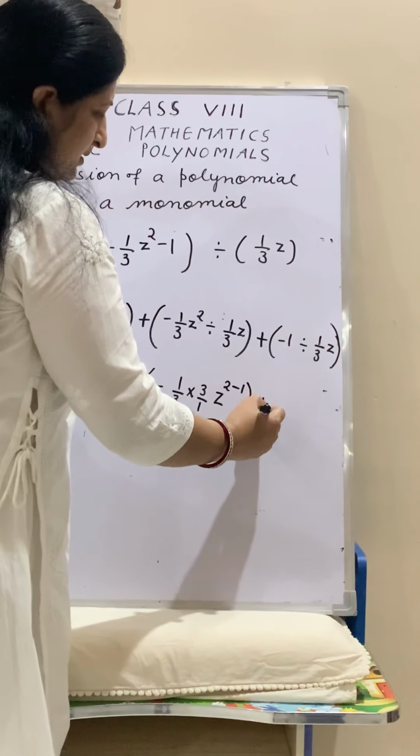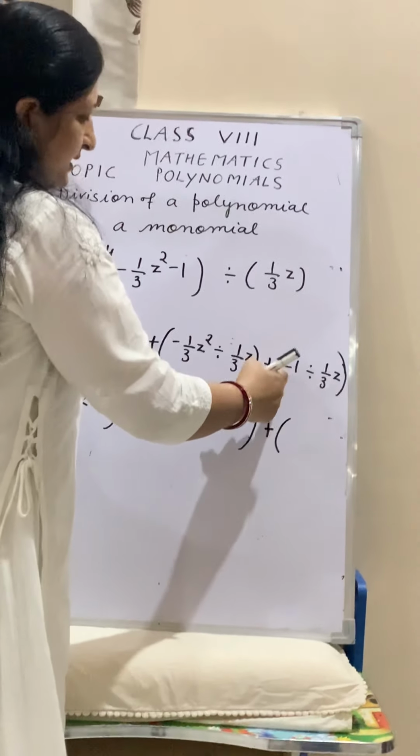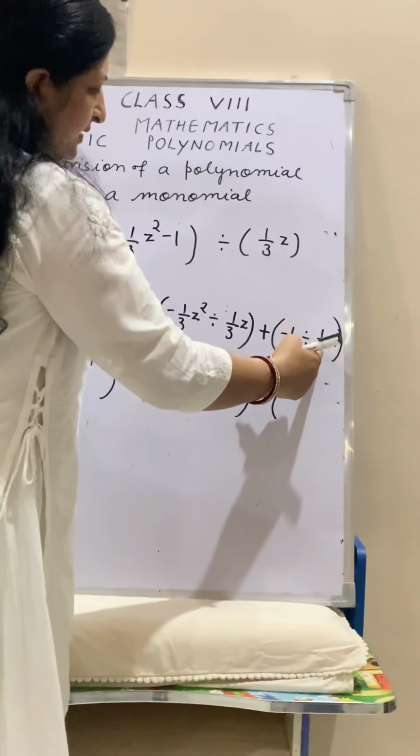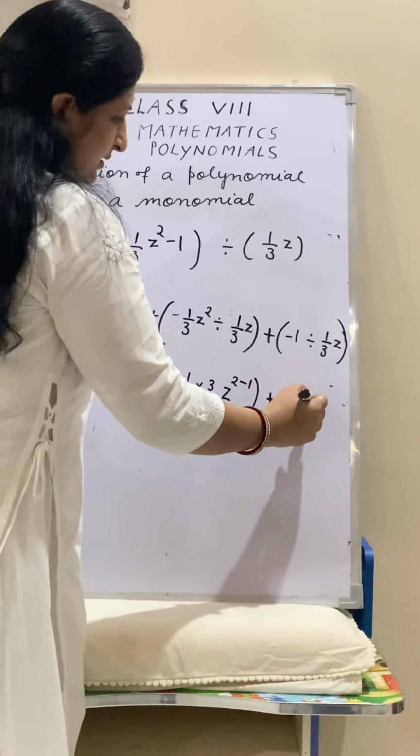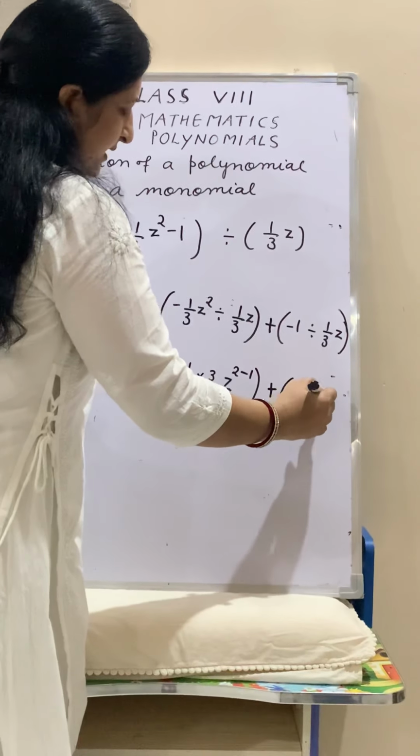Here minus 1 divided by 1 by 3z, we can write minus 1 divided by z by 3.